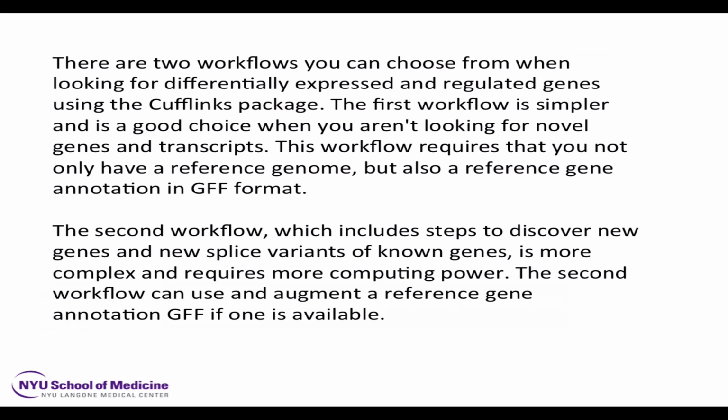In addition, there's an even more complex workflow, which if you don't want to use an annotation file, you want to predict the genes de novo, you can run a Cufflinks for each file not using a reference annotation, just making up the genes as you go along, and then merge them together for each sample so that you get roughly the same genes, plus merge in a reference annotation.